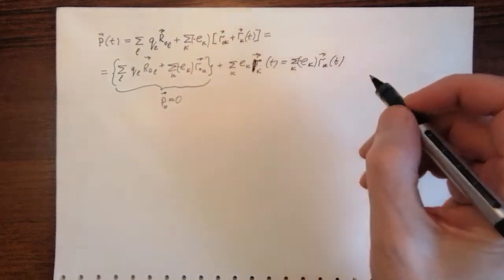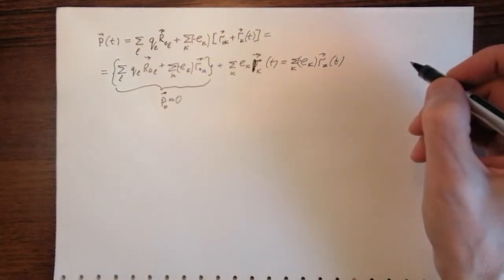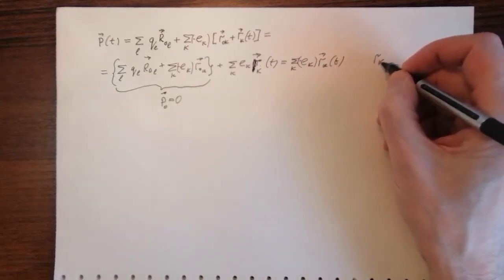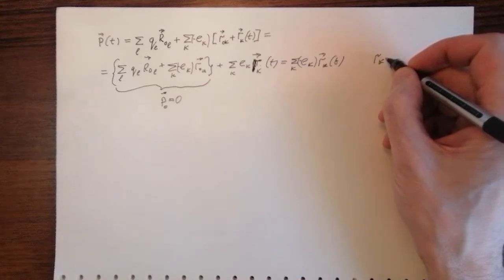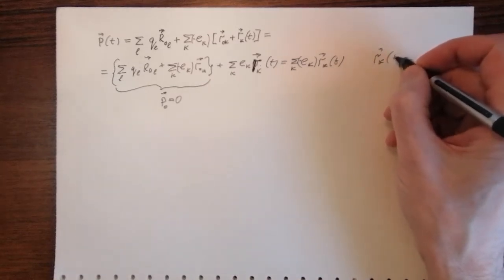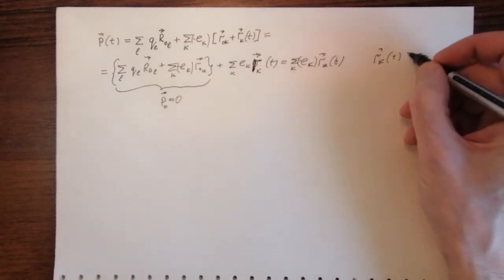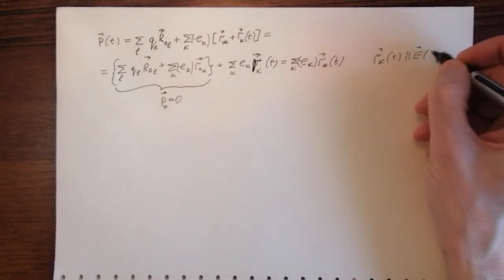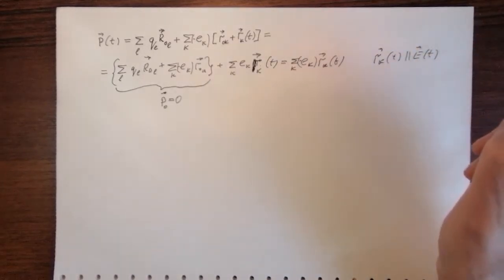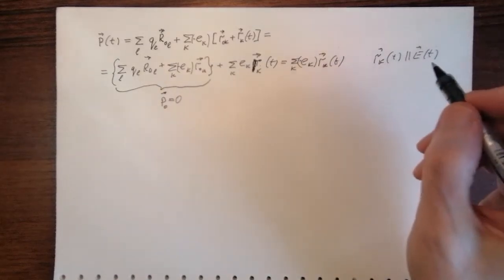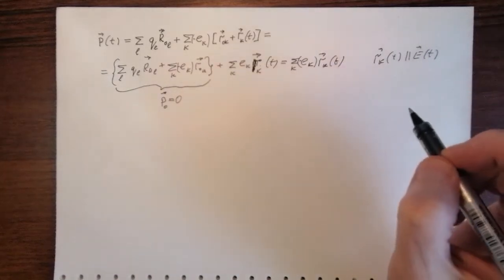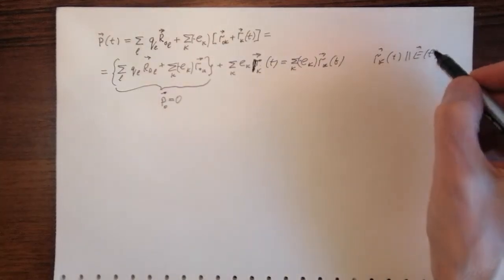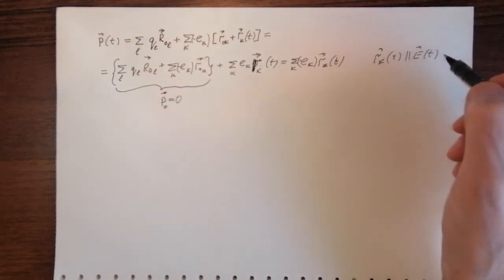Now, it is a safe assumption that R_k at any moment is parallel to E, the external field. Indeed, we can assume that all electrons are shifted by the field in the direction of the field.